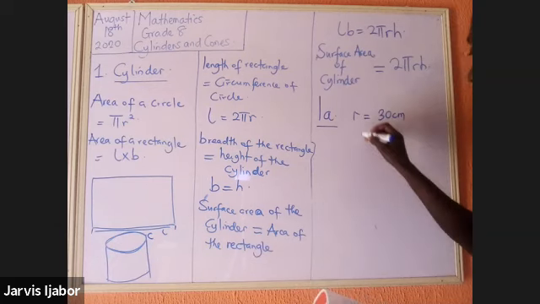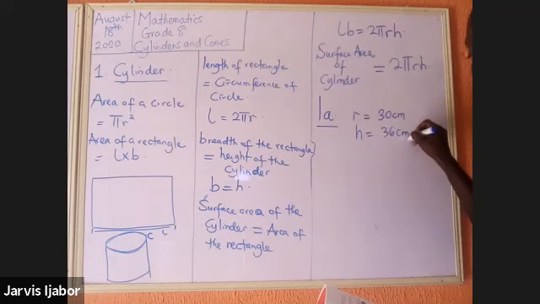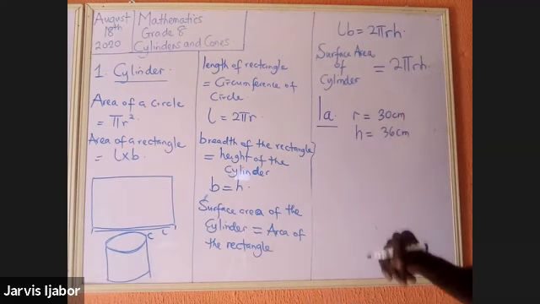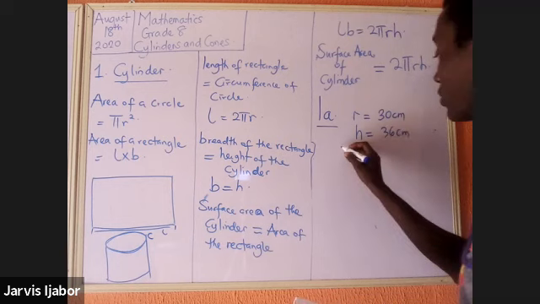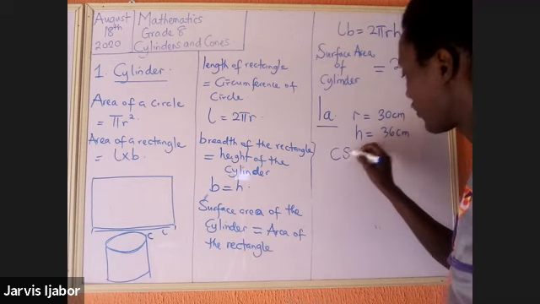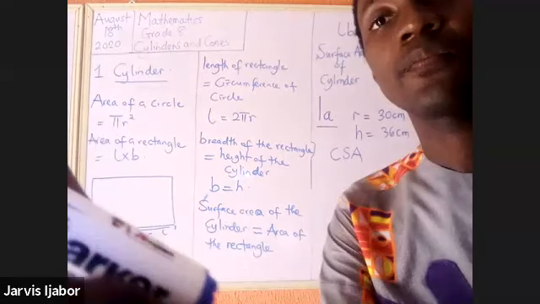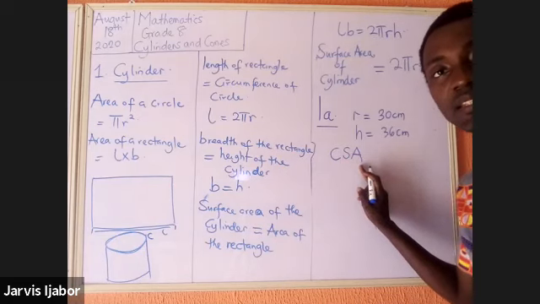The height is equal to 36 cm. The surface area, curved, now they call it curved surface area. When I say curved surface area or surface area, you're still talking about this thing. So curved surface area. See where I've written it? Have you seen it? CSA. Have you seen it?